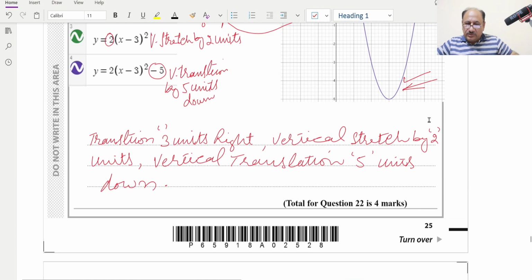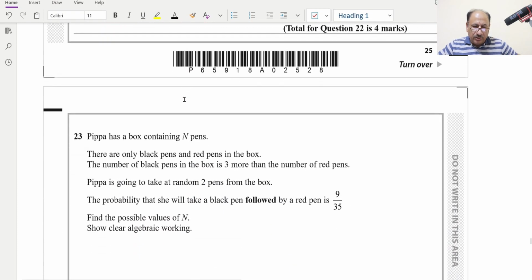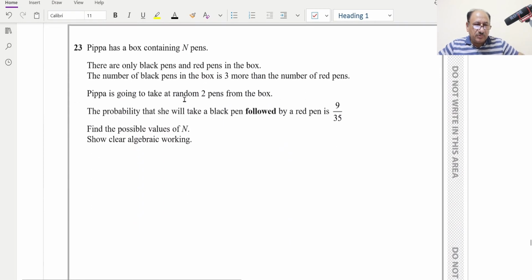So this is the transformation. Hopefully you understood. I tried my maximum to explain as much as I can. And this one is question number 23.